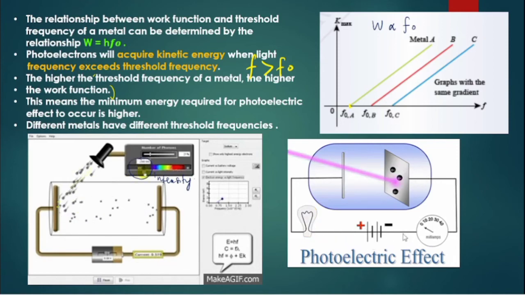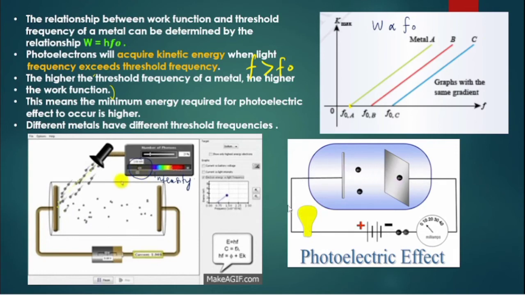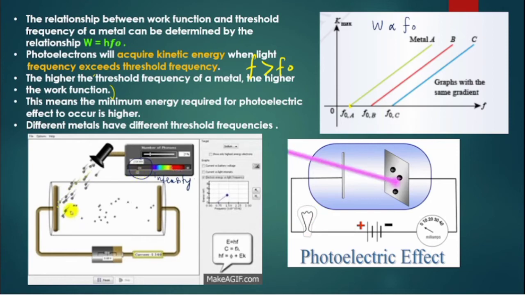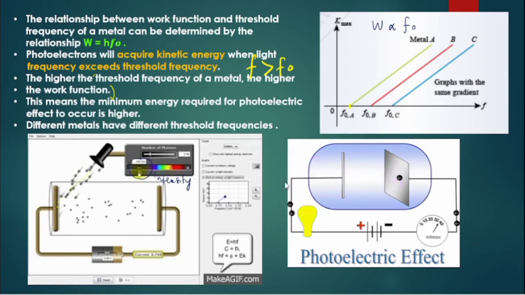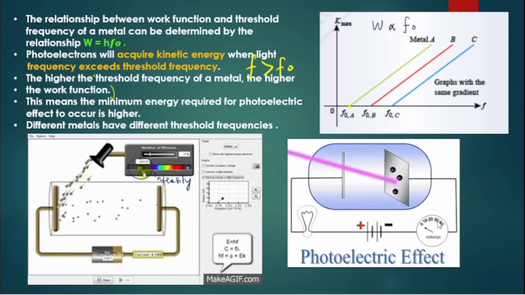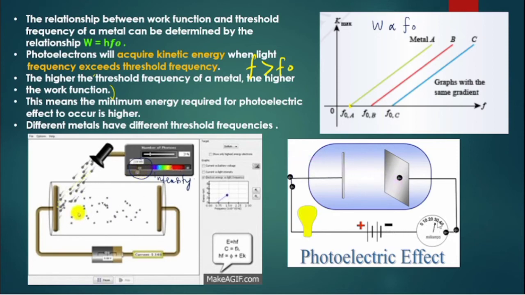Okay, the same circuit is also shown here. You can see clearly from here. When light is shone onto the metal surface, let's say 2 photoelectrons are emitted, it produces the current here, which is recorded by the milliammeter.